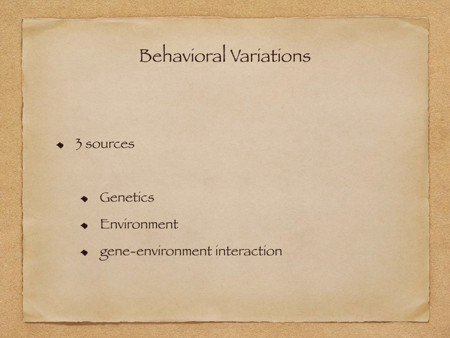So one of the questions that comes up a lot is, well, how much of that behavior is due to genes? And that's a problematic question to answer, especially if we're talking about individuals. What we have been able to do is begin to measure genetic effects on variability within a population.